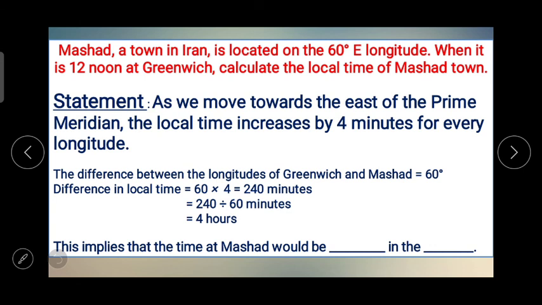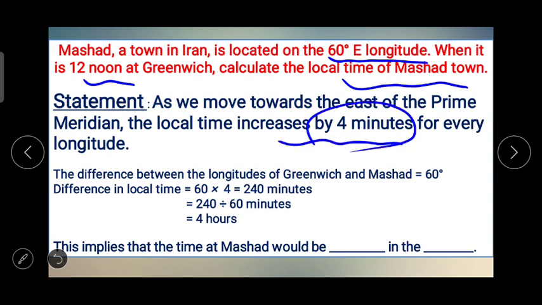First one: Mashhad, a town in Iran, is located on the 60 degree east longitude, and when it is 12 noon at Greenwich, calculate the local time of Mashhad town. Now we have the statement that for each degree of longitude the local time differs by 4 minutes. As we move towards the east of the prime meridian, the local time increases by 4 minutes for every degree of longitude.